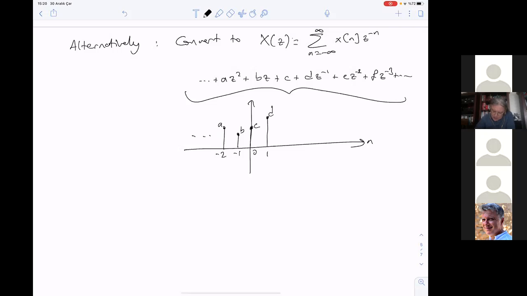At 1, it is d. At 2, it's e. At 3, it's f, and it goes on like this. So if you can somehow magically convert your expression into this form, then it means that you found the time domain signal in discrete time.